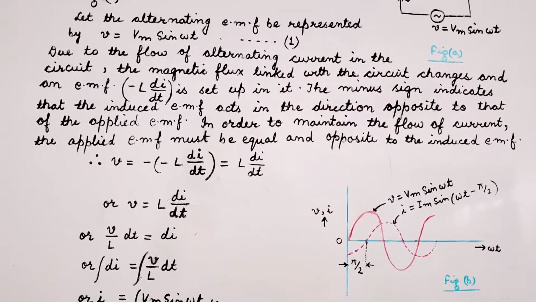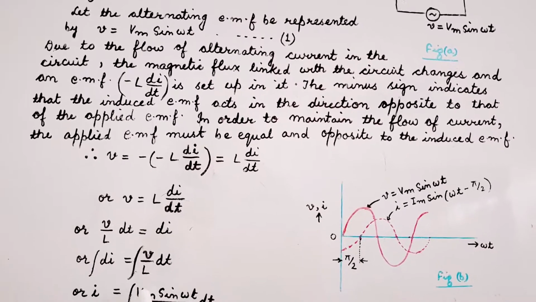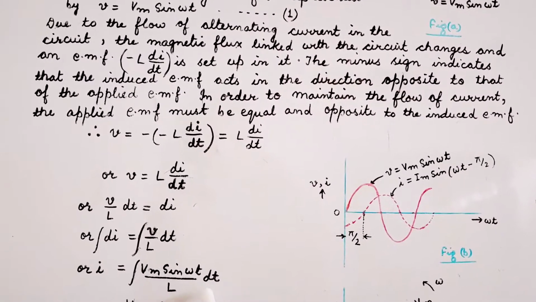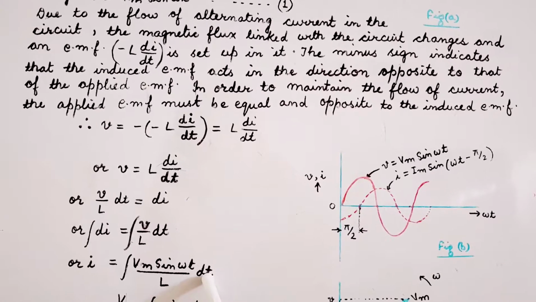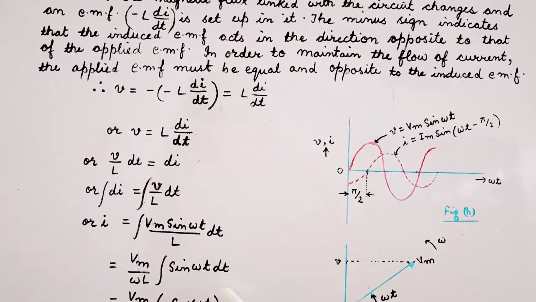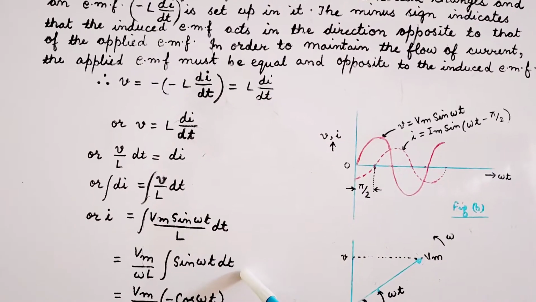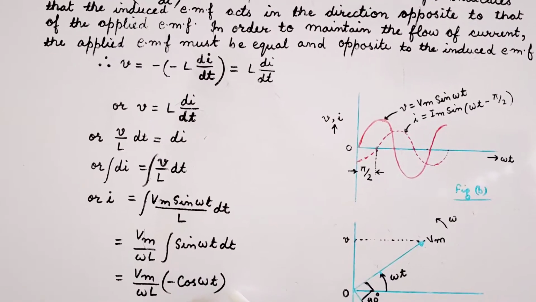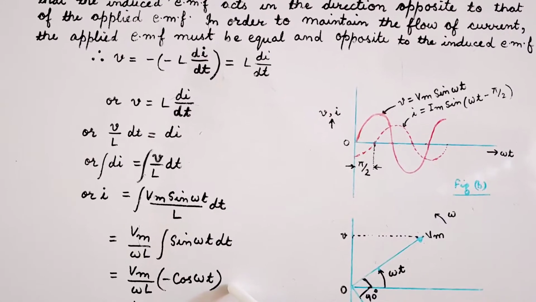then we get i is equal to integral of Vm sin omega t by L into dt, which comes out to be Vm by omega L integral of sin omega t dt. Now integration of sin omega t dt is minus cos omega t.